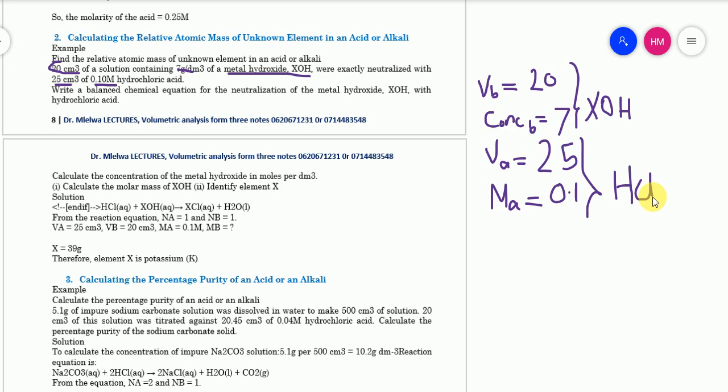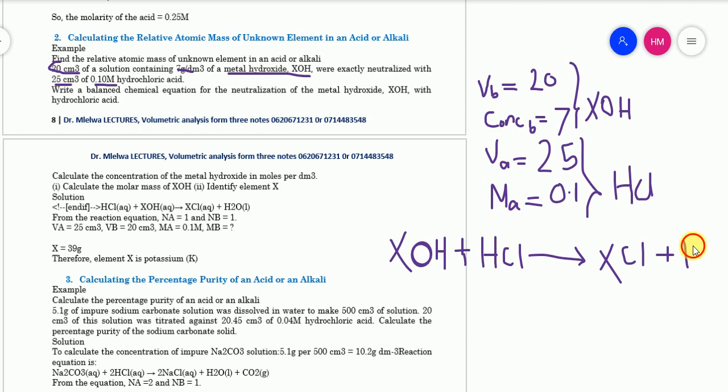Now first, we need to write the balanced chemical equation between the metal hydroxide and HCl. For this case, we have the metal hydroxide XOH. So we write XOH plus HCl, and from XOH plus HCl we get XCl, X chloride, plus water.